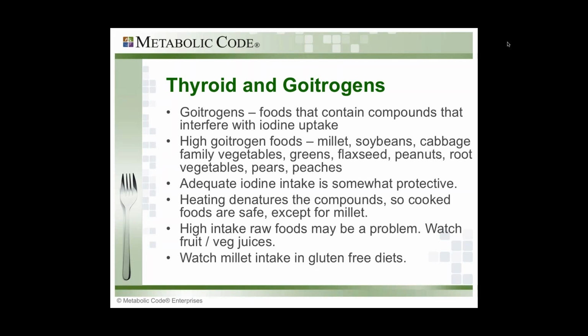Millet is the highest goitrogen food that there is, and when you cook millet, the goitrogens do not reduce, they actually increase. So this is a little bit of an issue for us when we're taking wheat out of the diet. Millet is one of those grains used as a replacement in a lot of the gluten-free foods out there. So we want to watch that we don't over-intake the millet.